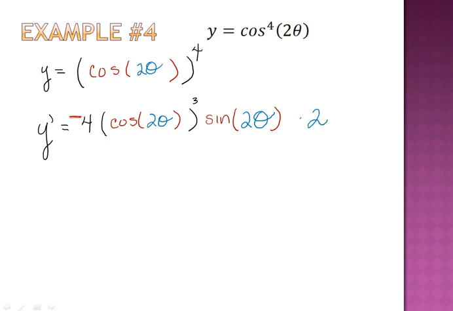So we have 2 multiplying to the 4. And on the outside, as I simplify this and clean it up, I get negative 8 cosine 2 theta quantity cubed sine 2 theta.